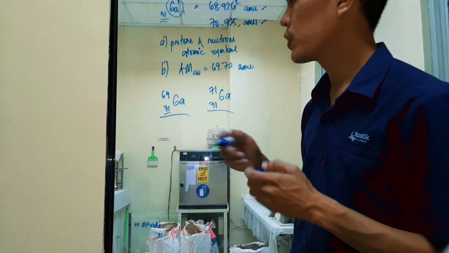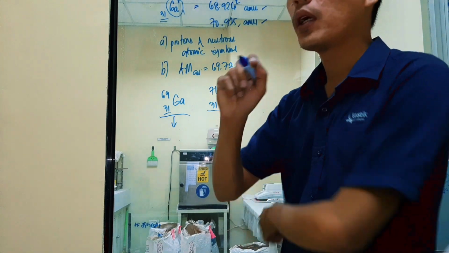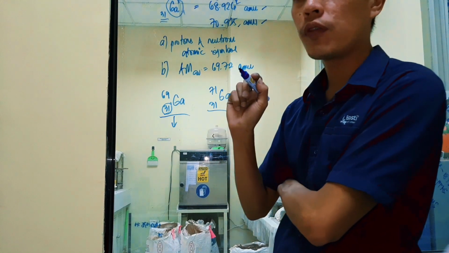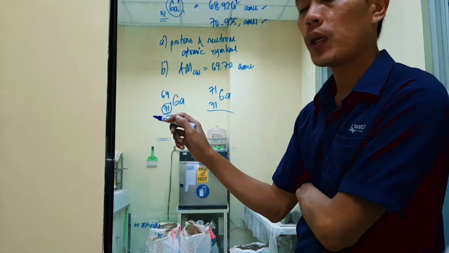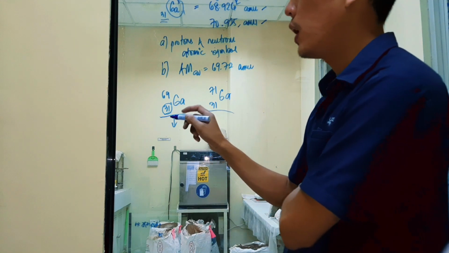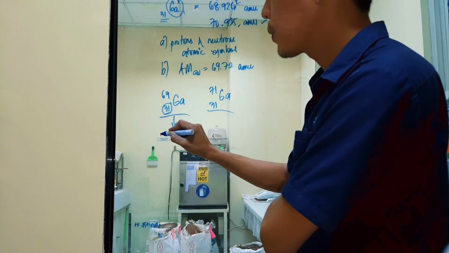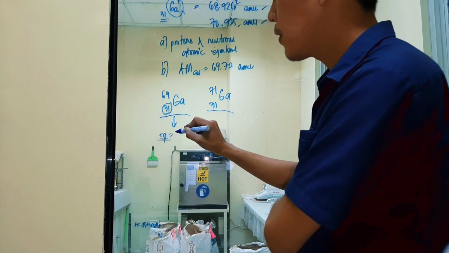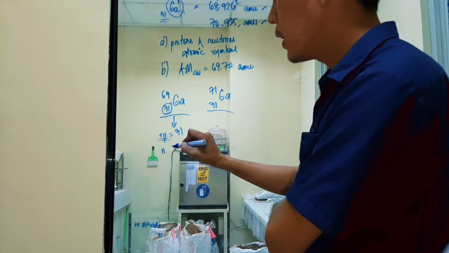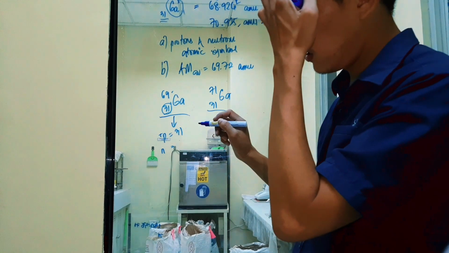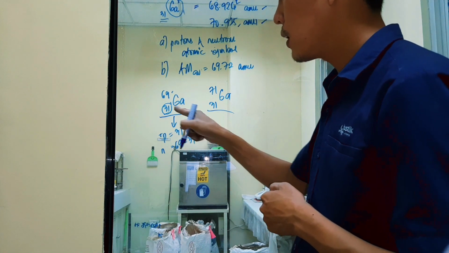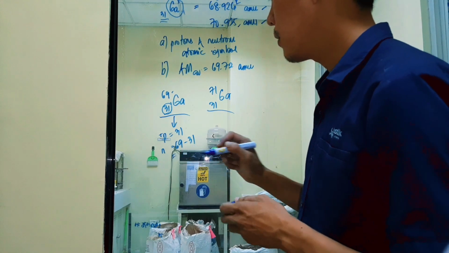The number of protons would be the lower number, the subscript of the element, which gives the protons and electrons of the element. So the number of protons will be 31, and the number of neutrons is the difference of the mass number and the atomic number, that is 69 minus 31.